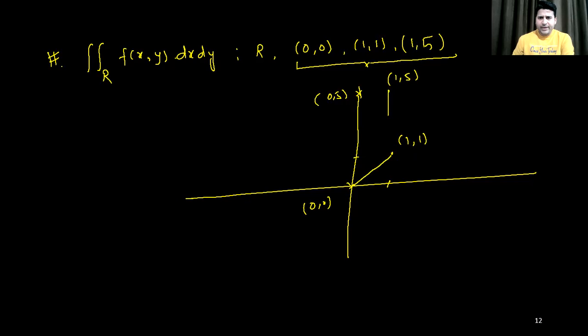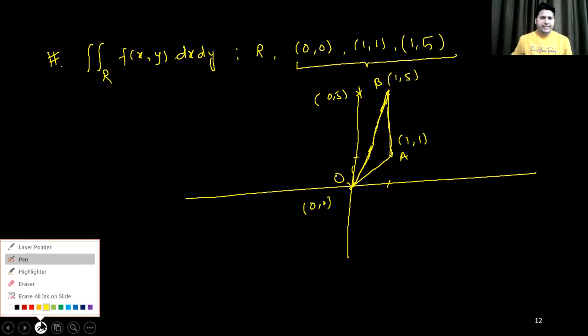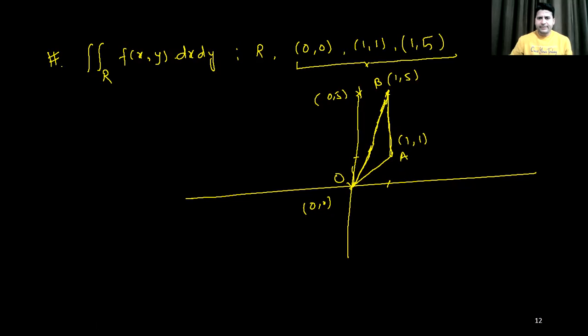If I join these lines also, the region is O, A, B. Now, once again, you can see, students, I am shading the region so that it is easy to identify.